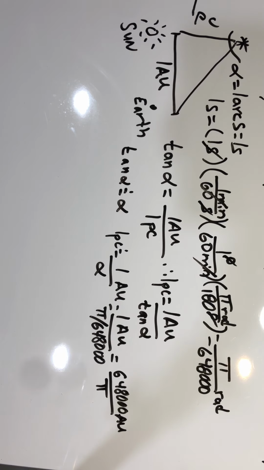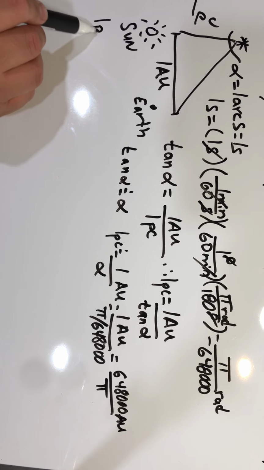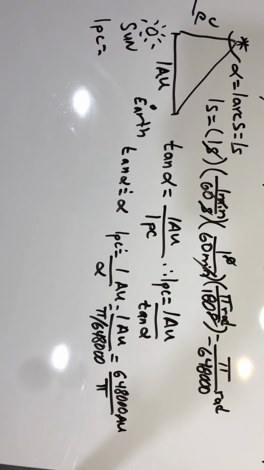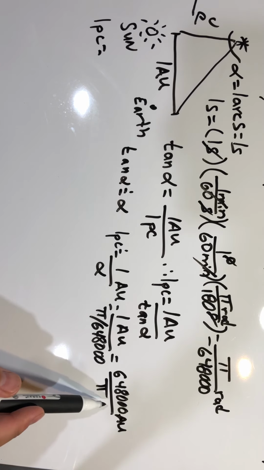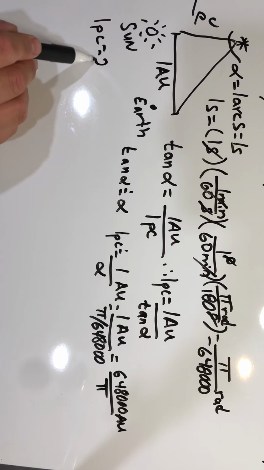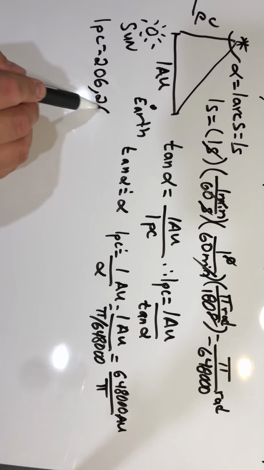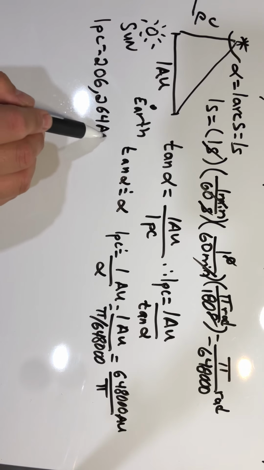Okay. Well, let's reduce that. We can say that 1 parsec is equal to, we know it's equal to that, right? And if we reduce that, it's going to be equal to 206,264 astronomical units.